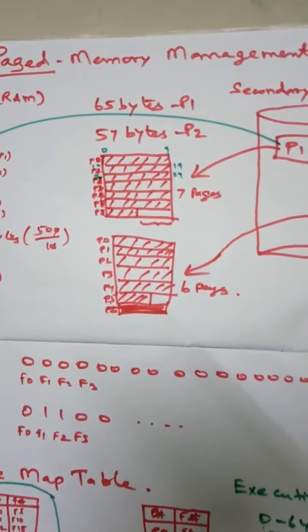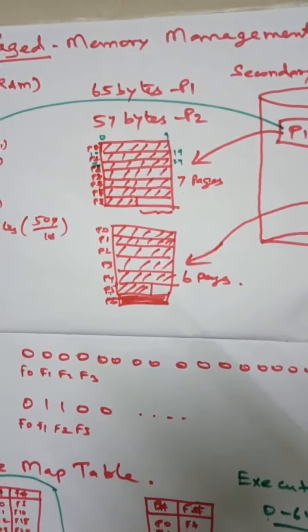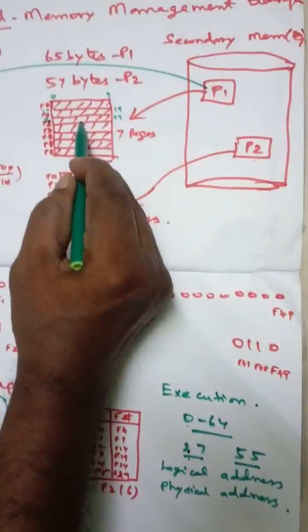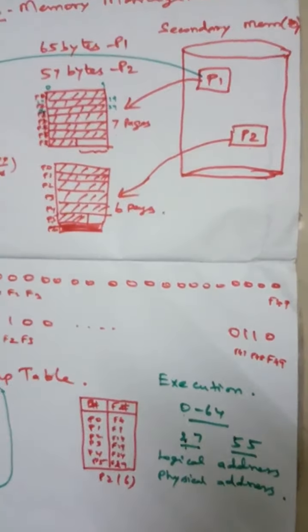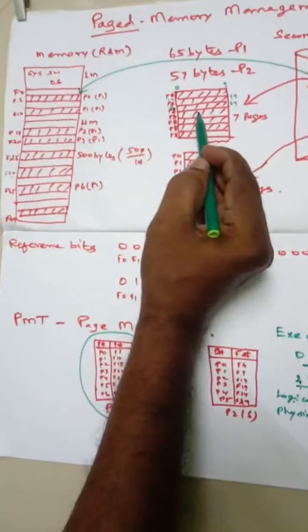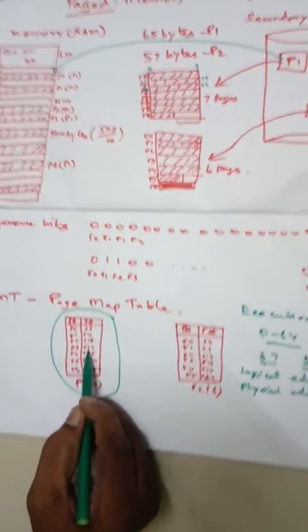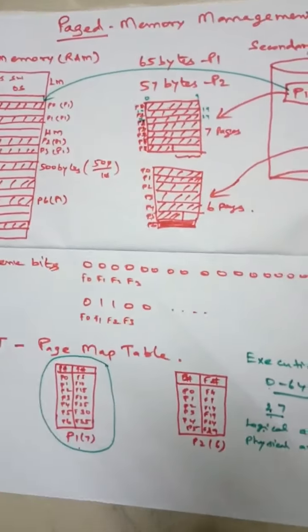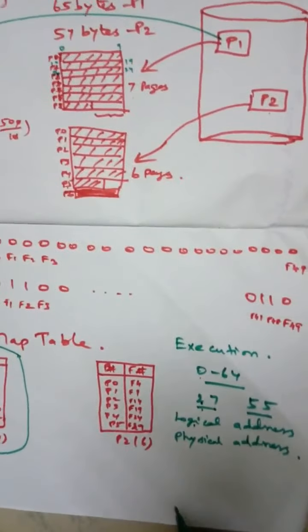So the CPU generated address 27 refers to the third page of program 1, which is loaded in frame number 30. How it will be converted, we are going to discuss.